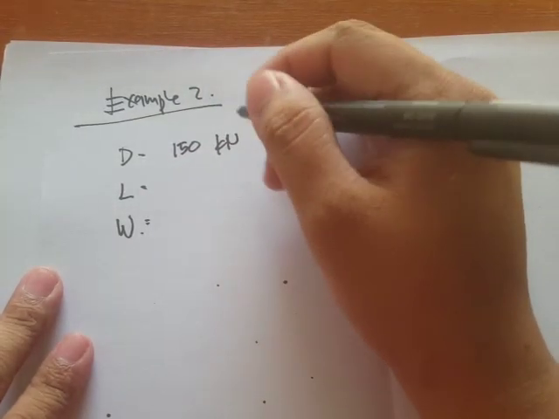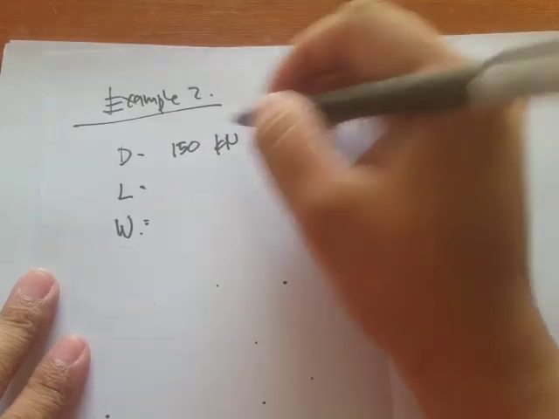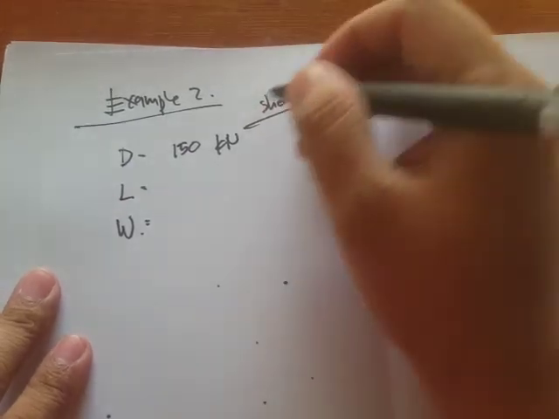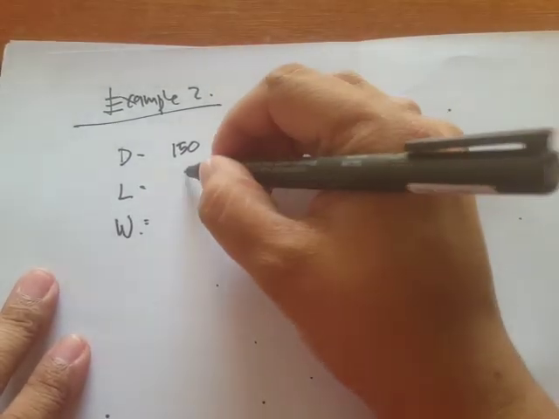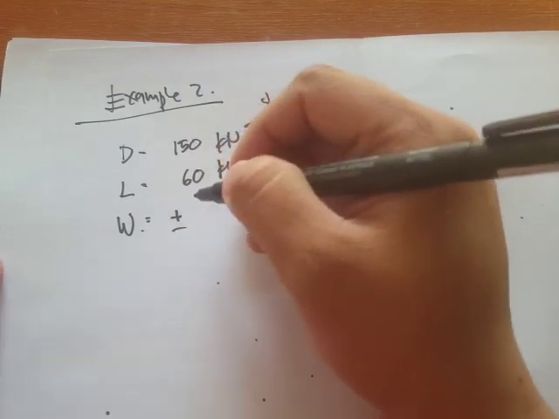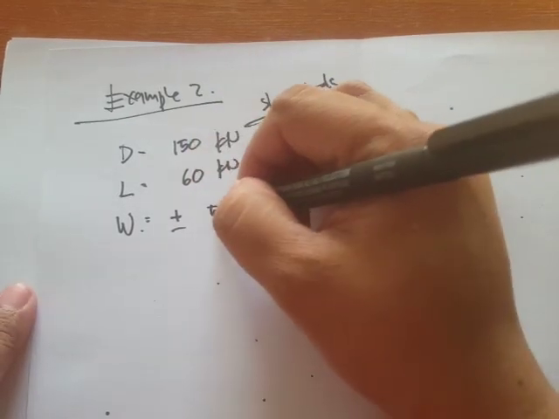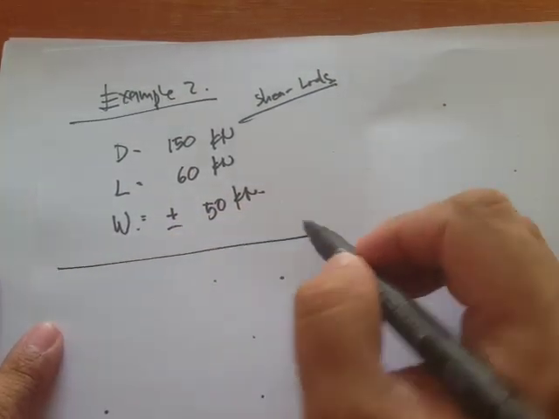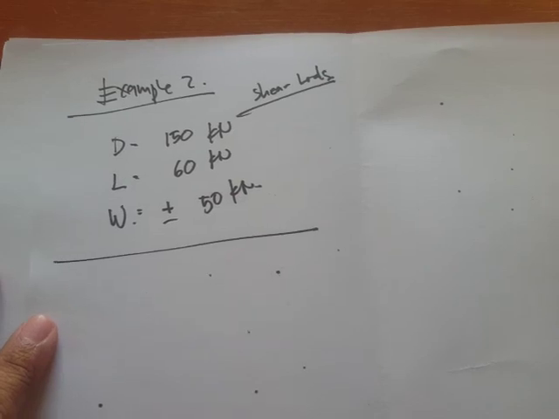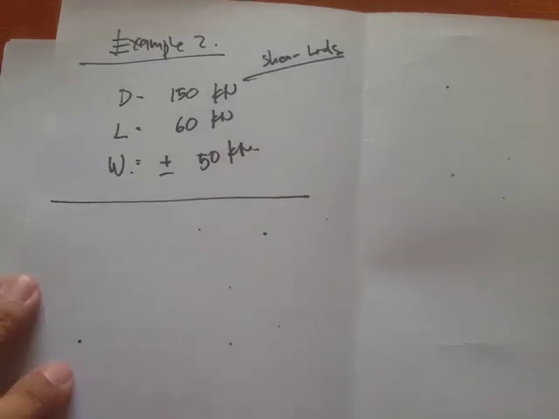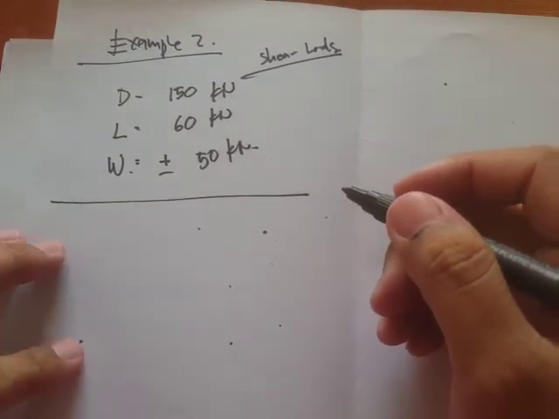Okay, so for now, let's say we are solving for shear loads. Okay, so 150 kilonewton, and then for the live load we have a 60 kilonewton. And then for the wind load we have, let's say plus minus 50 kilonewton. Okay, so solve for the critical loading combinations.